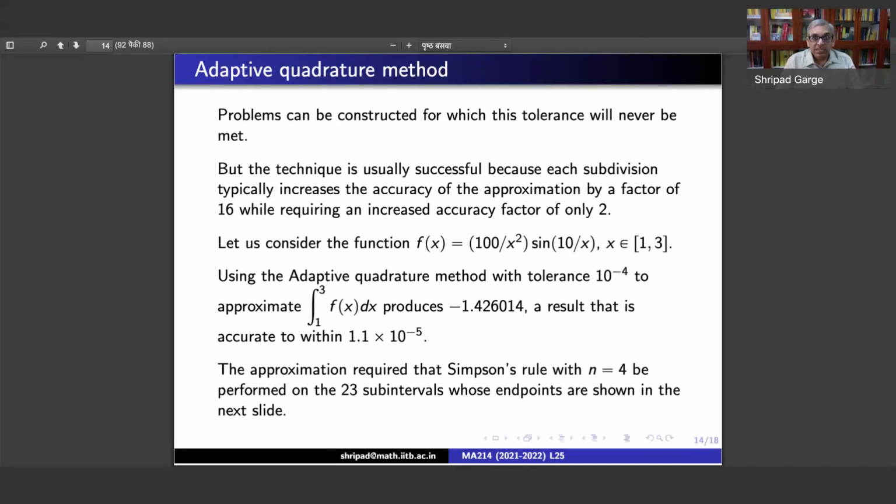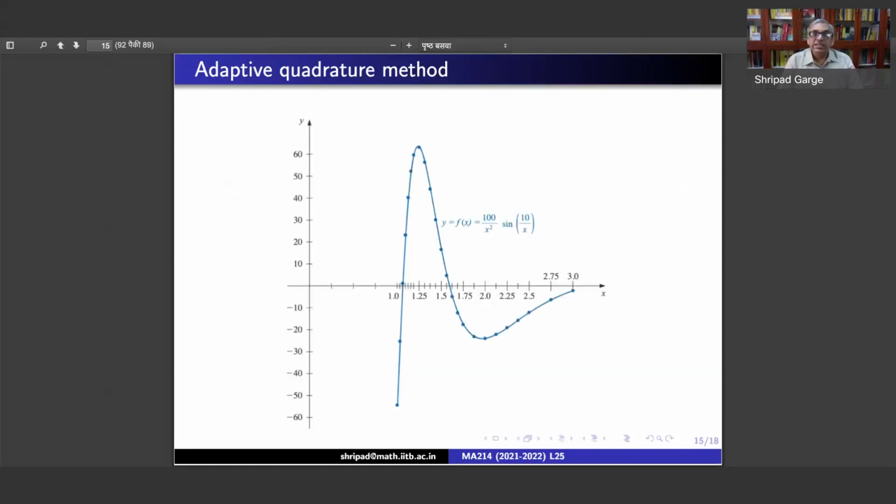And those endpoints are shown here. These are the endpoints. So you see that from 1 to 3, we looked at 1, 2 and 3. That was the initial thing. Then on 2 to 3, we had 2.5 and 3, and 2.5 to 2.75 and 3.